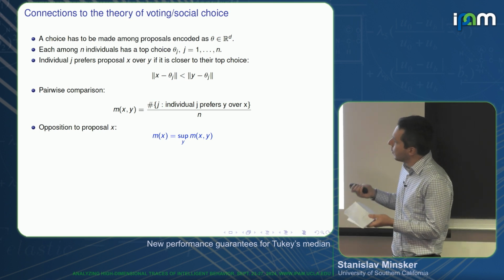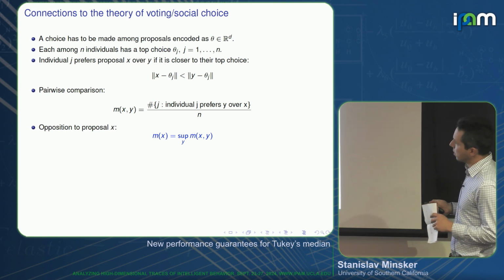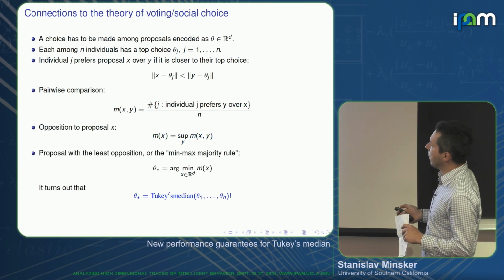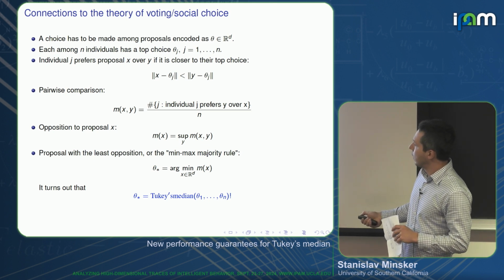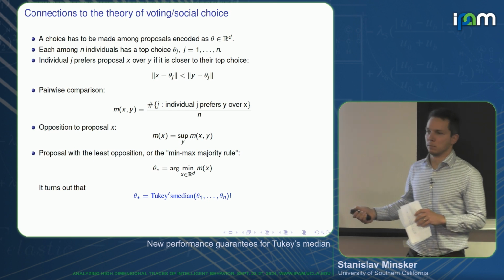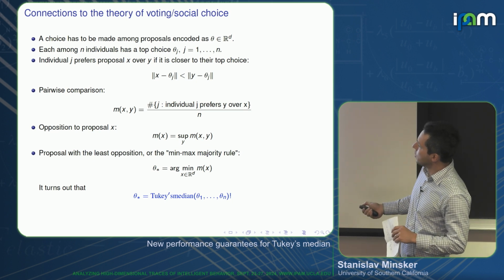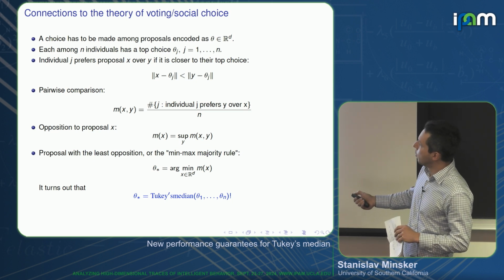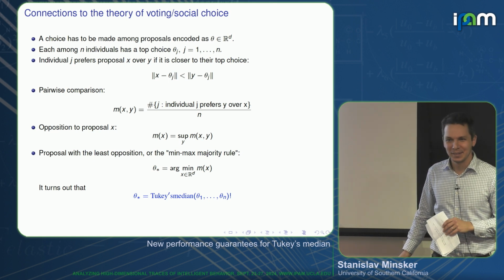And in this framework, econometricians have considered what is known as the min-max majority vote, which is simply the proposition that has the smallest opposition. So let us find the proposition so that the maximal opposition to this proposition is as low as possible.